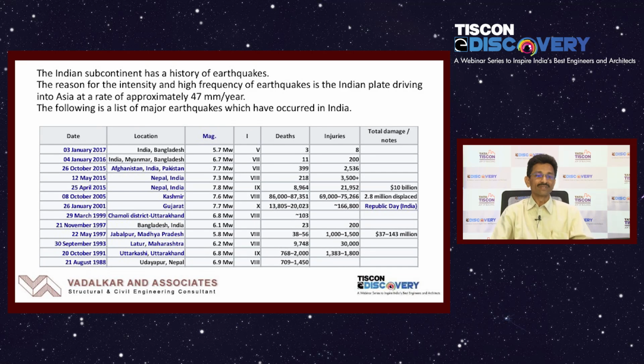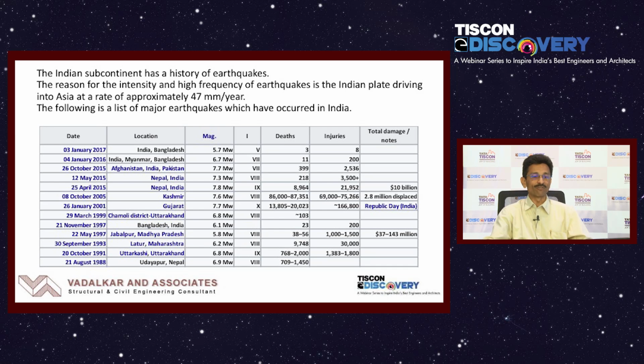If you have a look at the past history of earthquakes in our region, the major earthquake you can remember is the Latur earthquake that happened in 1993, and the magnitude was only 6.2, but you can see the number of deaths and the damage from this devastating earthquake.